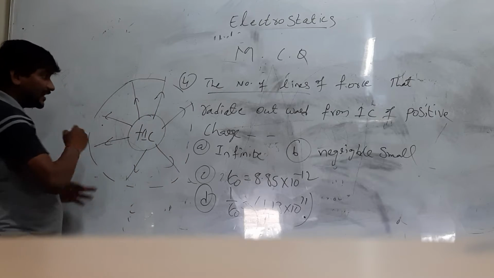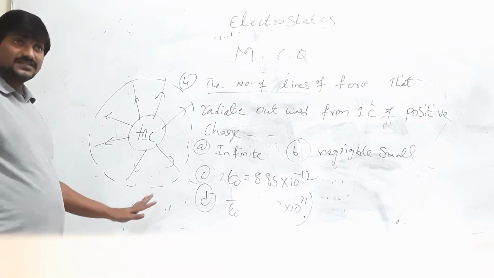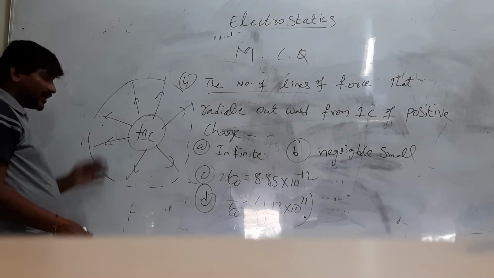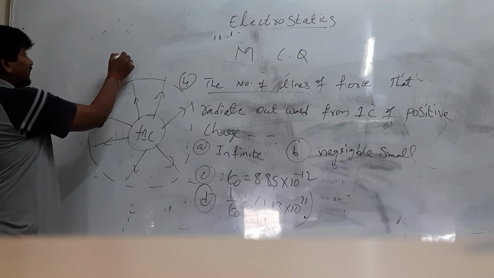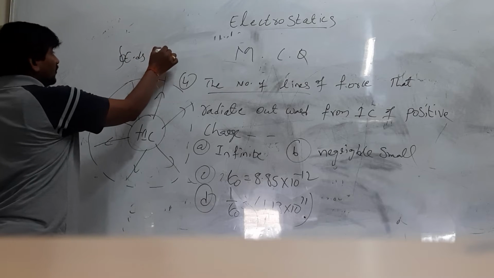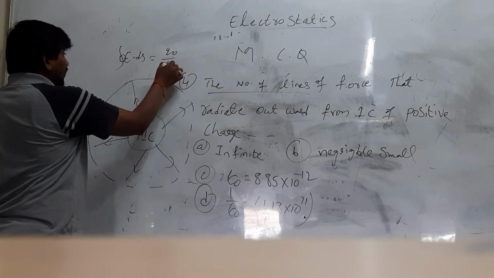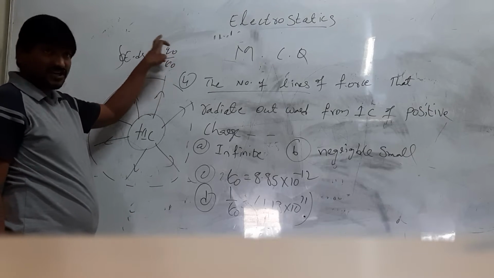I am considering a hypothetical Gaussian surface. From the basic Gauss law, what is the formula? Closed integral of E dot dS equals q by epsilon naught, or 1 by epsilon naught times the charge enclosed.